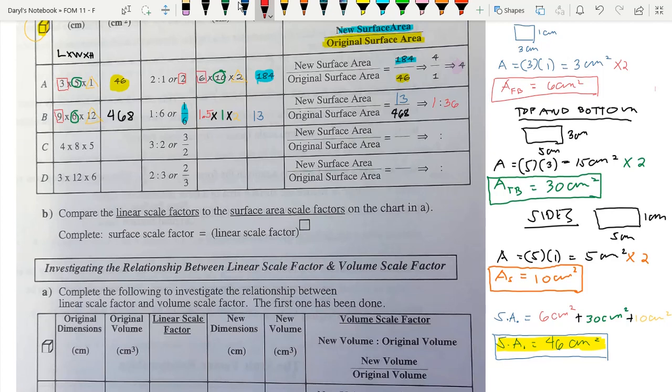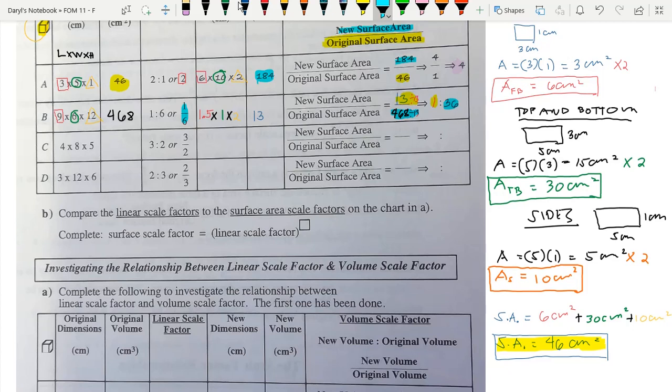Again, if you're wondering how did I get 1 is to 36 there, that is just by dividing 13 by 13, so it gives me 1. So 13 divided by 13 gives me 1. And then 468 divided by 13, that should give me a value of 36. So that is why I can also write it in ratio form as 1 is to 36.